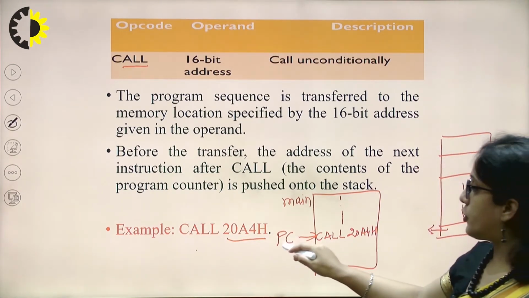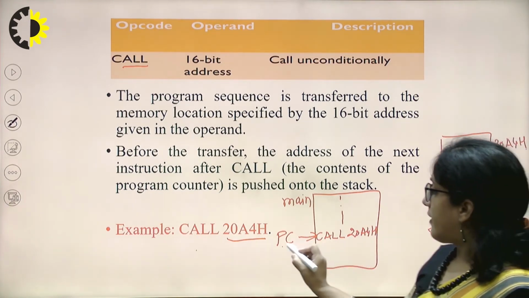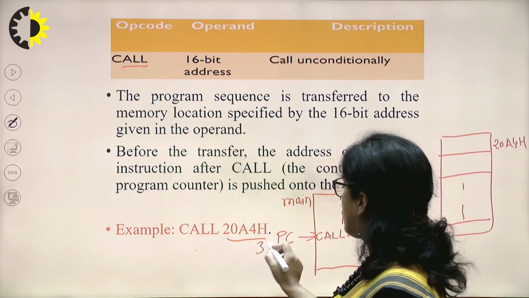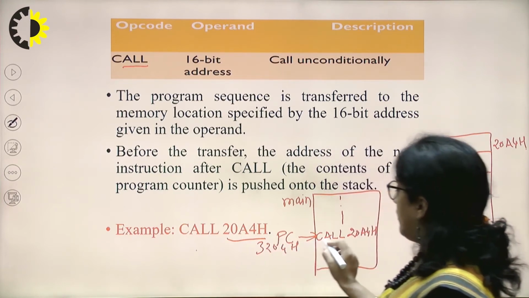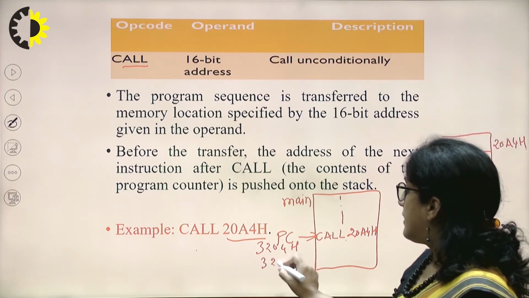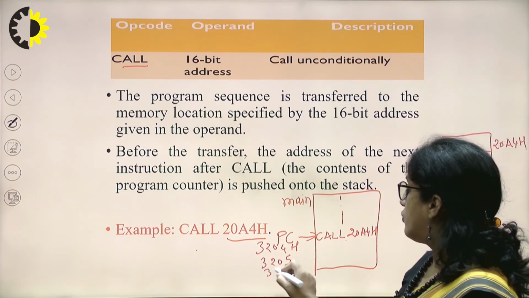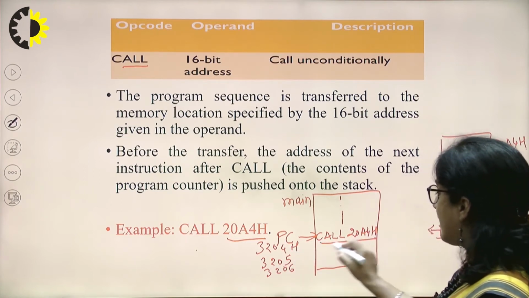Suppose this is 3204, call is written, so 3205 and 3206, these three locations are used to store this call instruction.